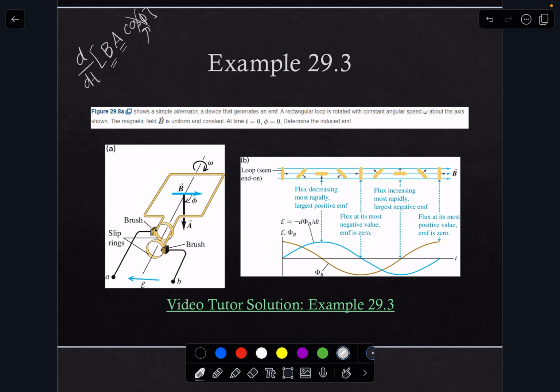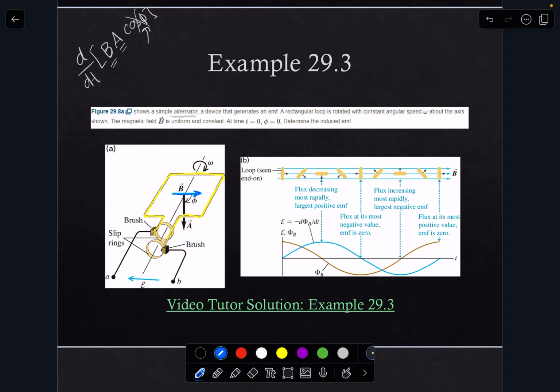This is a device called an alternator, which you may have heard of before. It generates an EMF by changing the angle between B and A. So B is constant, A is constant. The angle between B and A is what's changing with time. Here you can see the circuit. It's created by this square loop, which obviously is not changing its shape with time. The B field is constant, pointing to the right.